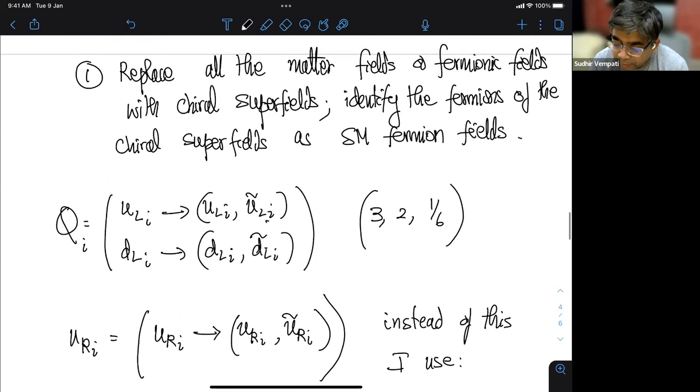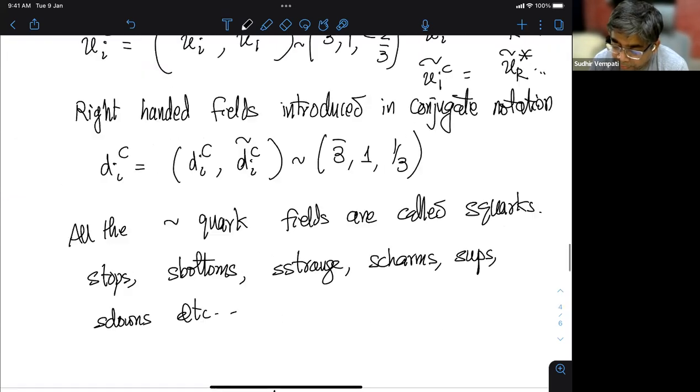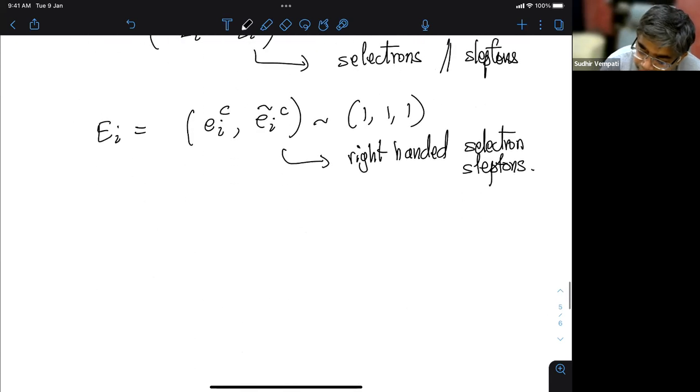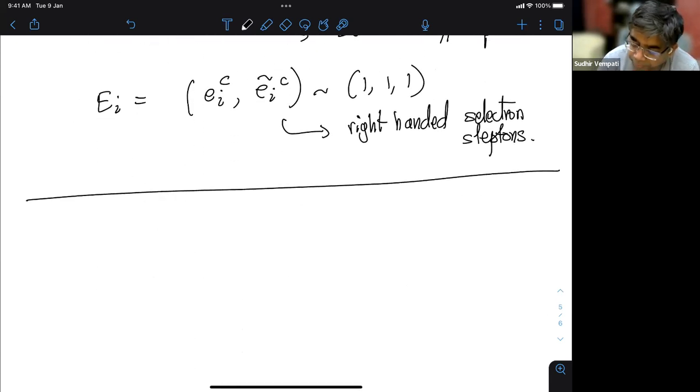There is only one sector left in the spectrum, which is called the Higgs sector.